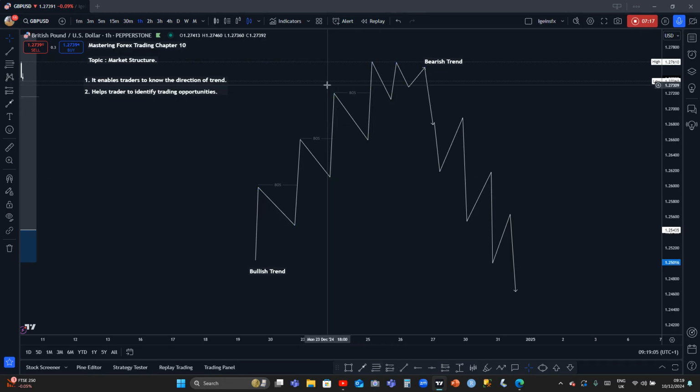Now, price got here, it broke structure. Then there was a pullback. It was supposed to break structure to the upside because the aim of a swing low is to break the swing high.